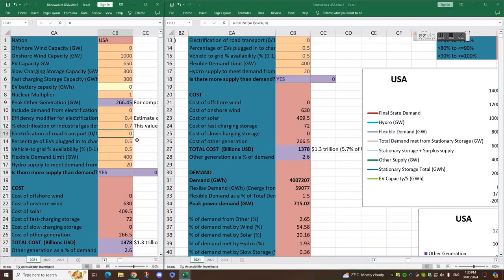With 100% of road transport electrified, and to do this you change the 0 in cell CB13 to anything other than 0, I'm going to type a 1 in here, and we can see that the demand down here changes to 4.67 million, so an increase of about 16.7%. So that's about 16.7% more electricity demand to electrify 100% of road transport.